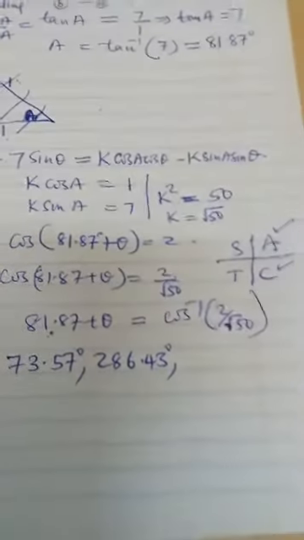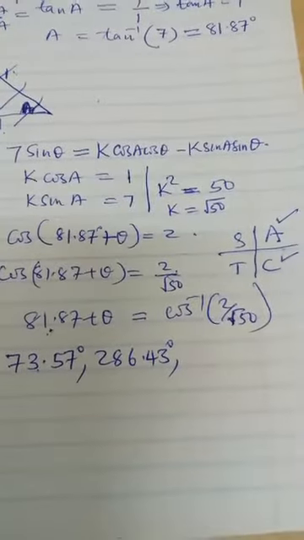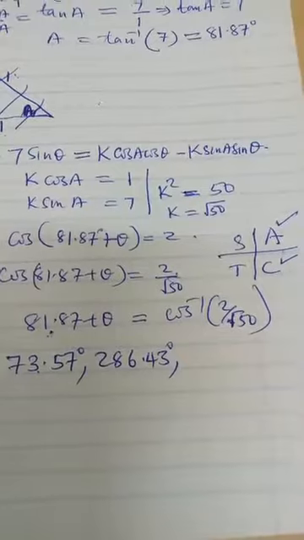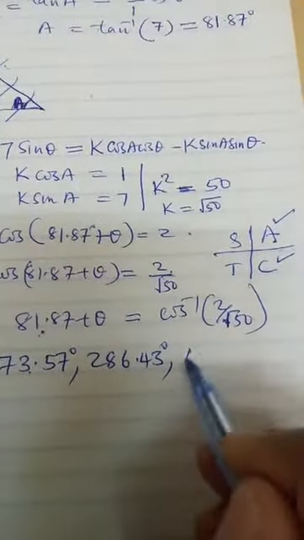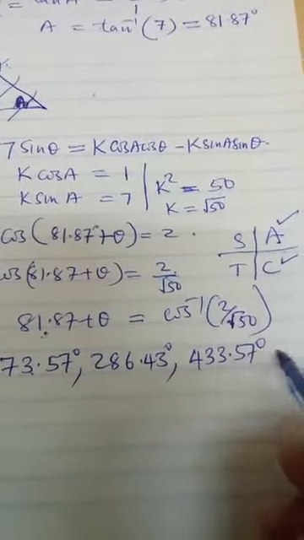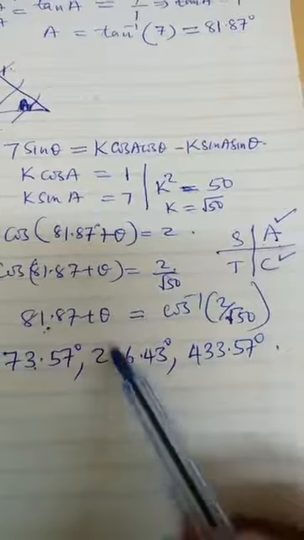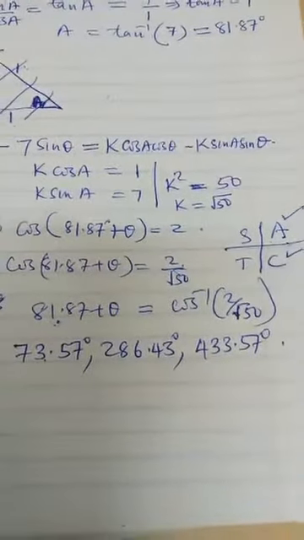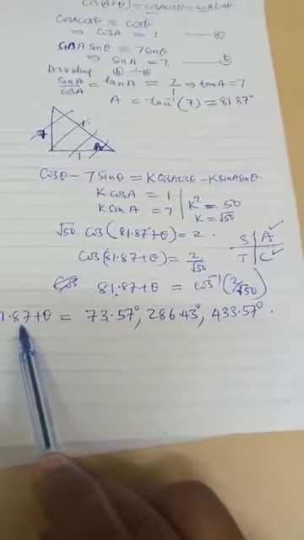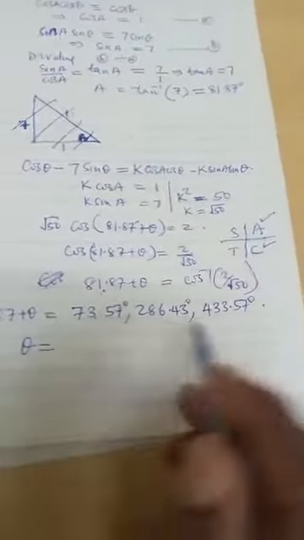The next angle should be 360 plus 73.57 degrees, which will give you 433.57 degrees. The next angle would be 720 minus, but even when we take that off, we get an angle still greater than 360. So we'll stop here and look for theta by subtracting.